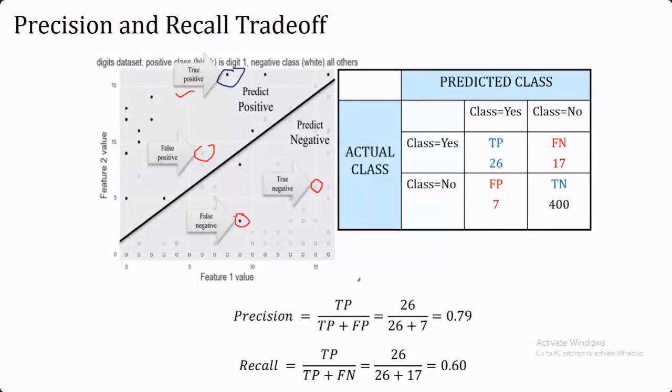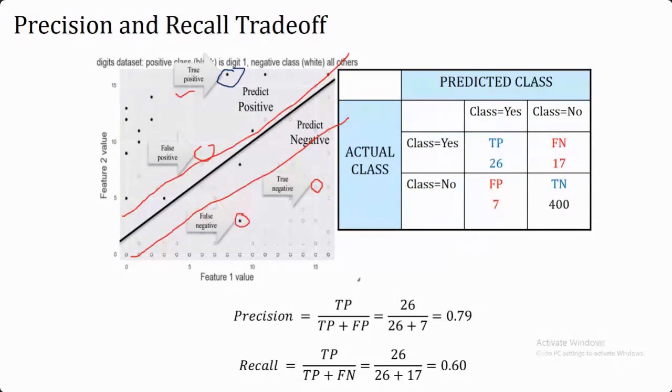Another thing we need to notice here is that based upon the boundary only, we are deciding what my model is saying. Now suppose I adjust my boundary, like making my boundary at this side or at this side.